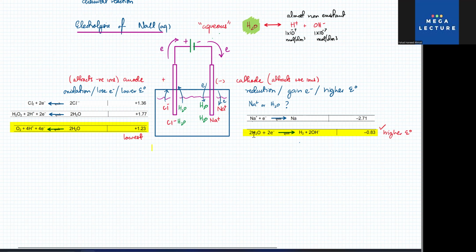So this one has the greater tendency to gain electrons. And the other one is who's going to lose electrons? The one that's got the lower E naught, that's the one that's going to lose electrons. And we found out that it was going to be oxygen. It's going to be water. That's the one that's going to lose electrons because that's the lowest E naught. Is this clear?